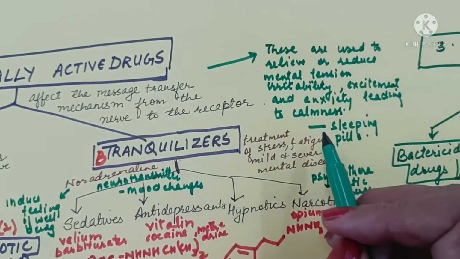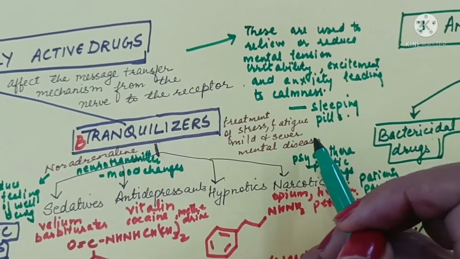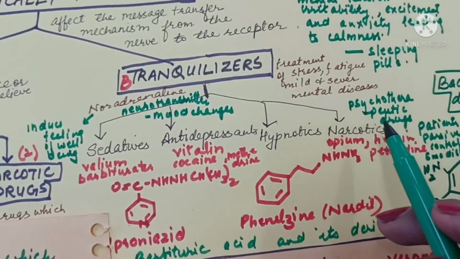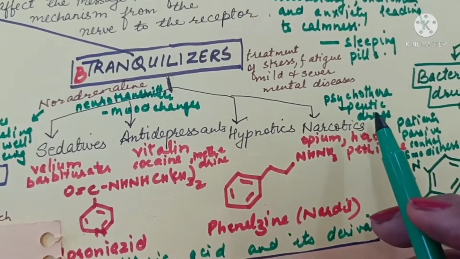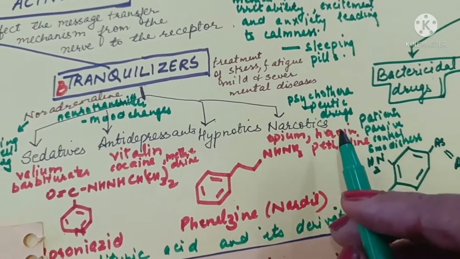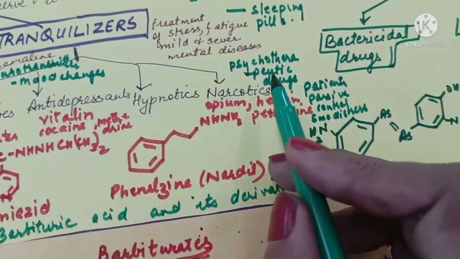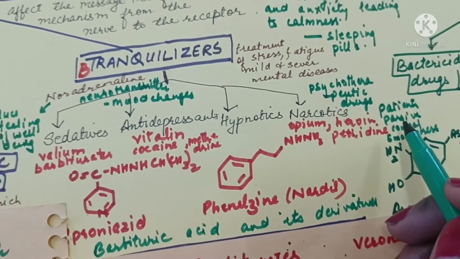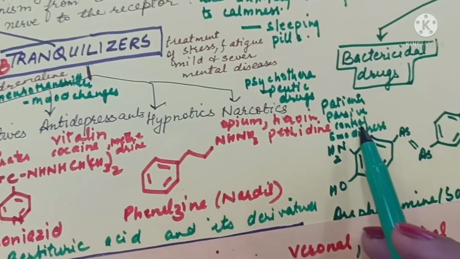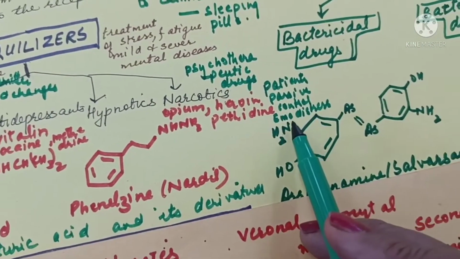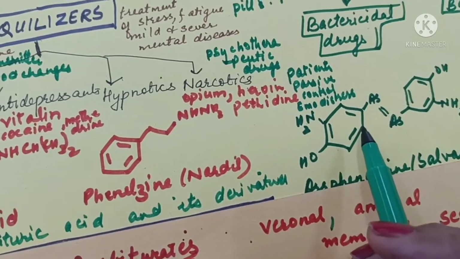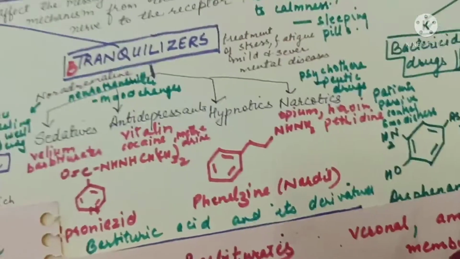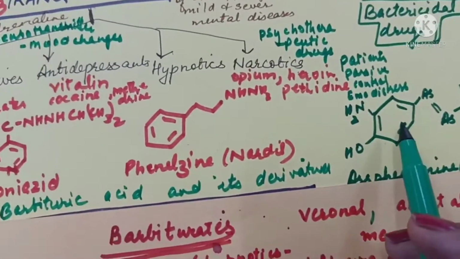These tranquilizers are essential components of sleeping pills, and they act on higher centers of the nervous system and are also called psychotherapeutic drugs. These are used to make the patient passive and control their emotional distress and depression and restore confidence.